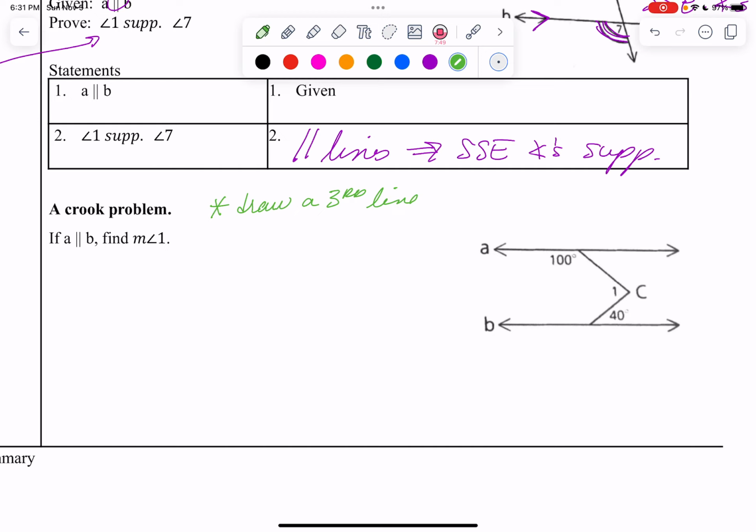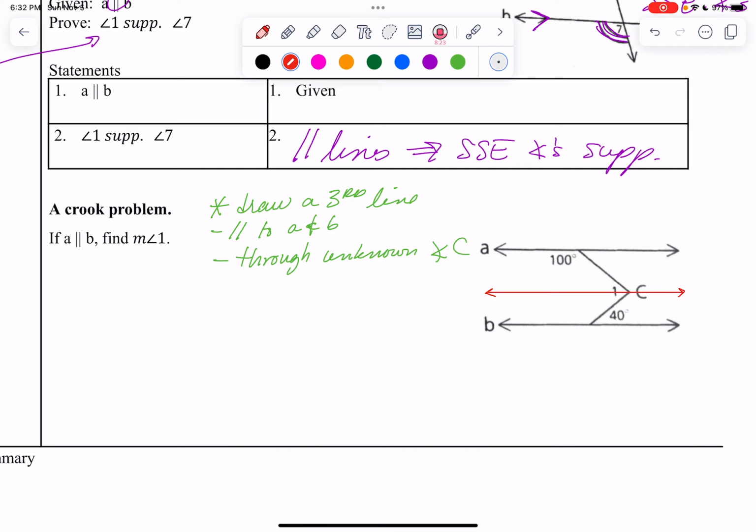And I need to draw it parallel to A and B, and it needs to go through the unknown angle. In this case, angle C. So let's see if I can draw a straight line. That's pretty straight.